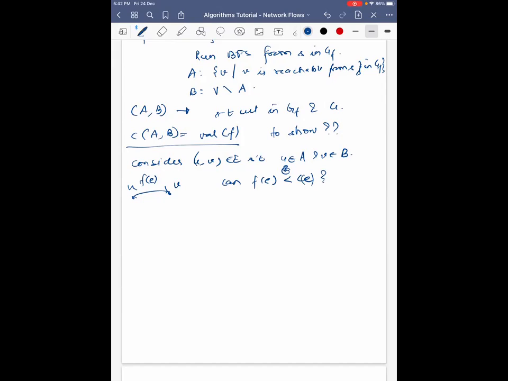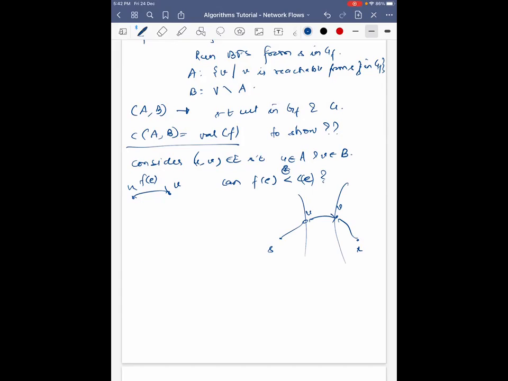Actually, what if there is a path from S to T which includes UV? Okay, just a second. So you have S, T, and U, V. This is in the original graph.